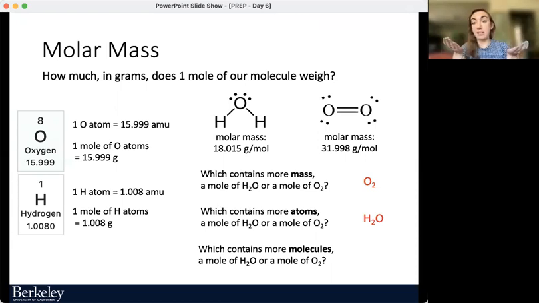If I have 6,000 of these and 6,000 of these, I have the same number of molecules in both piles. So if I have 6.022 times 10 to the 23 of these, and 6.022 times 10 to the 23 of these, I have the same number of molecules in both piles. So those will be the same.